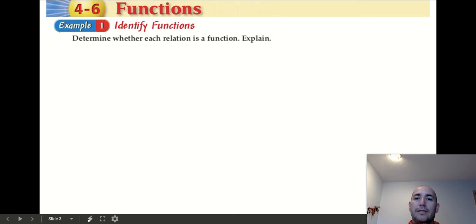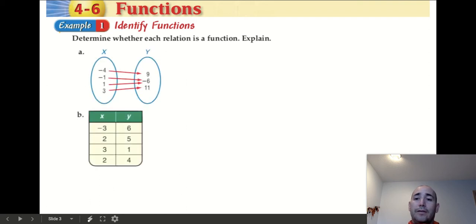All right, so let's identify functions. We're going to determine whether each relation that is shown is a function, and we're going to explain why. So let's look at these three relations. Here's a mapping that we've talked about before. Here's our domain, our x values, and it's paired with the range, the y values.